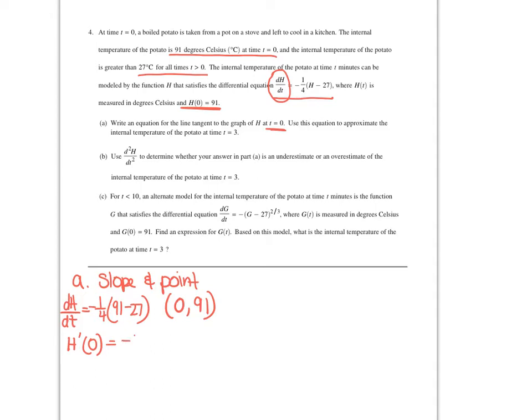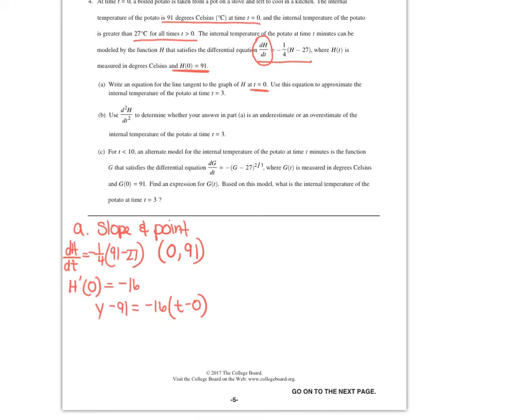Our slope is negative 16. Once we have that, we get y minus 91 equals negative 16 times (t minus 0). When I move that over, I get y equals negative 16t plus 91. So that's our tangent line of our function at time equals 0.